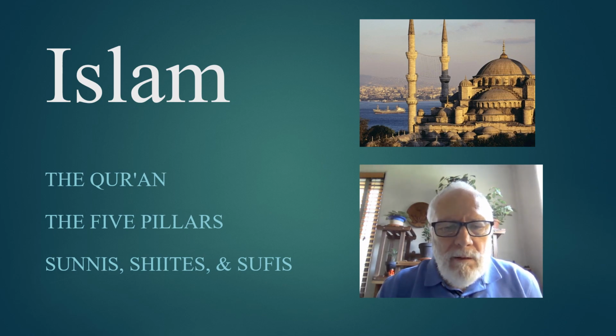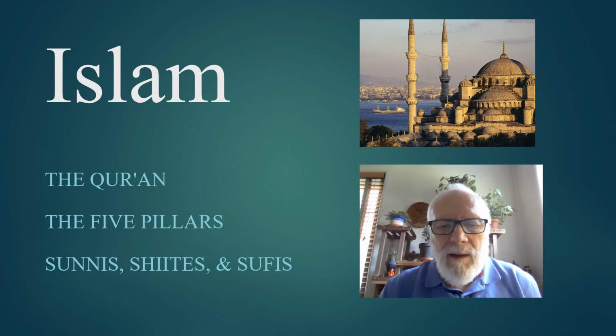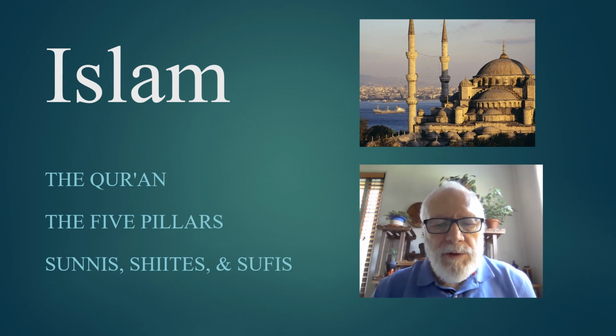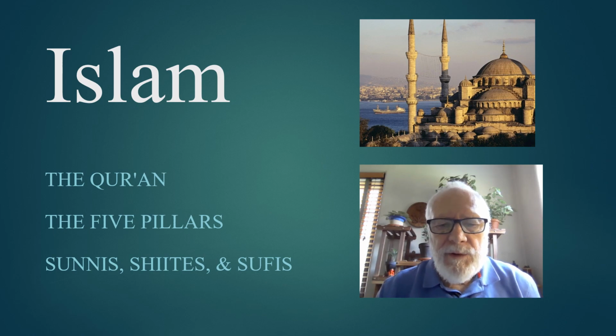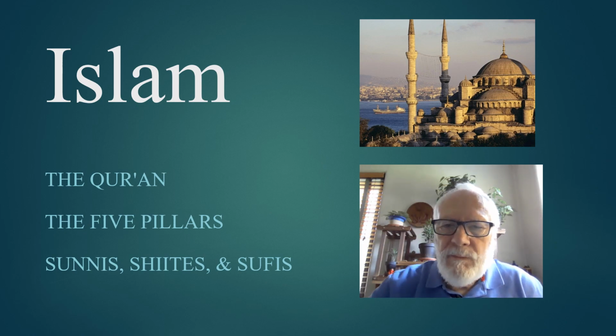And then we're going to look at the five pillars, five basic things that Muslims are supposed to try to live by. And then finally, we'll finish up by taking a look at the different divisions within Islam. That would be the Sunnis and the Shiites, and then the Sufis as well.